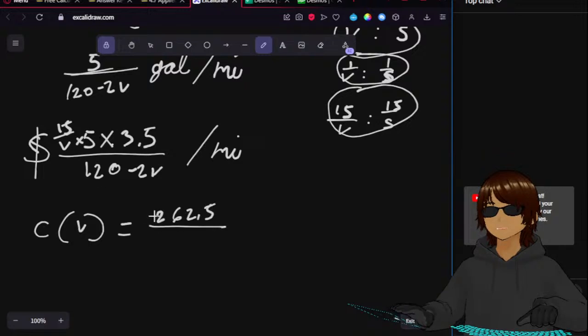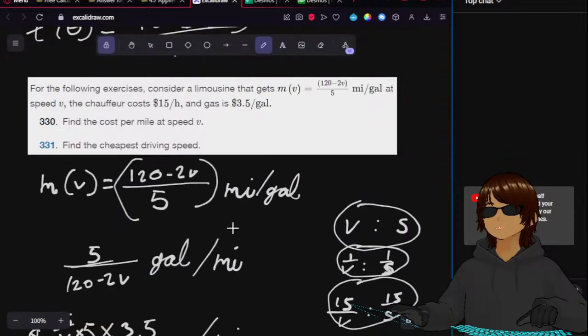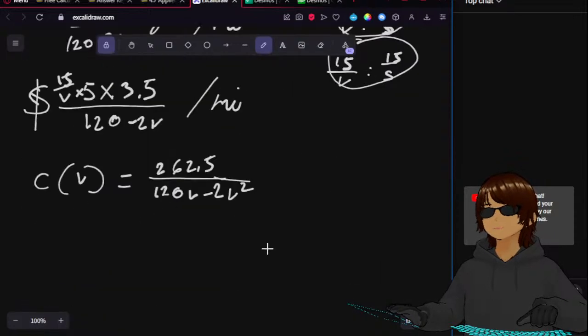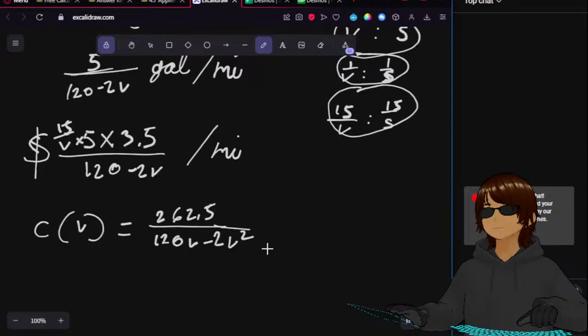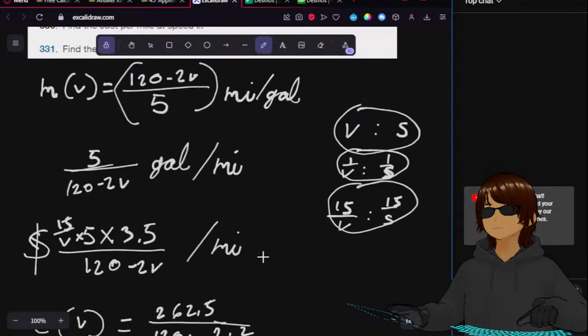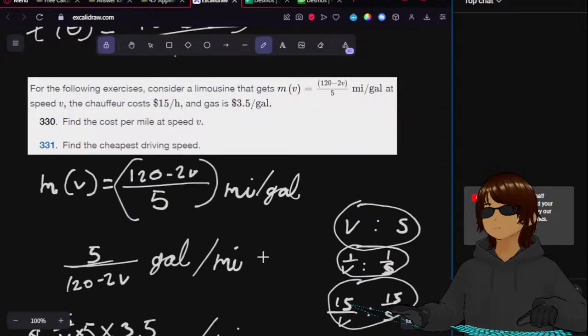And then V is down there. So 120 V minus v square. So what do I need to find the cheapest? Driving speed.